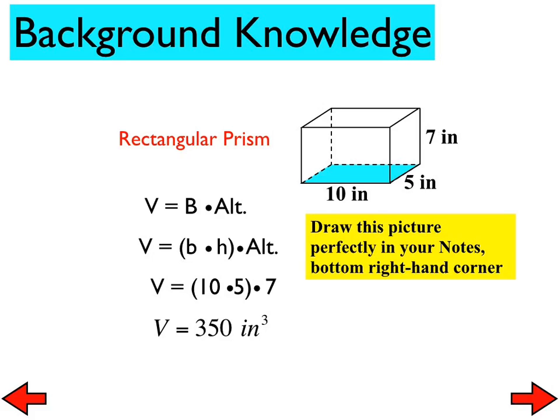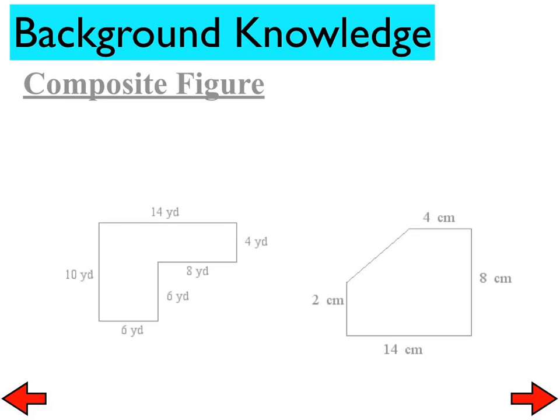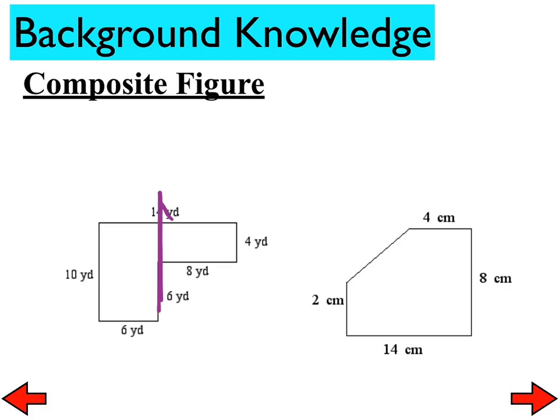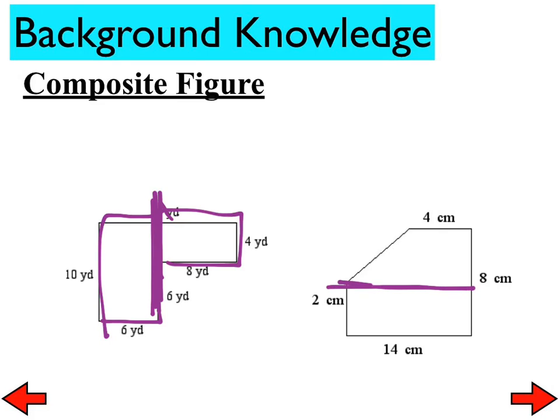The trick is making the basic shapes look like that. Now, when we're doing this, we're really thinking of two-dimensional composite figures. When we talked about these earlier in the year, here's what we did. We broke this one up into this rectangle and that rectangle. Or when we did this one on the right, we broke it up usually right here so that we have this trapezoid right here and this rectangle down here.